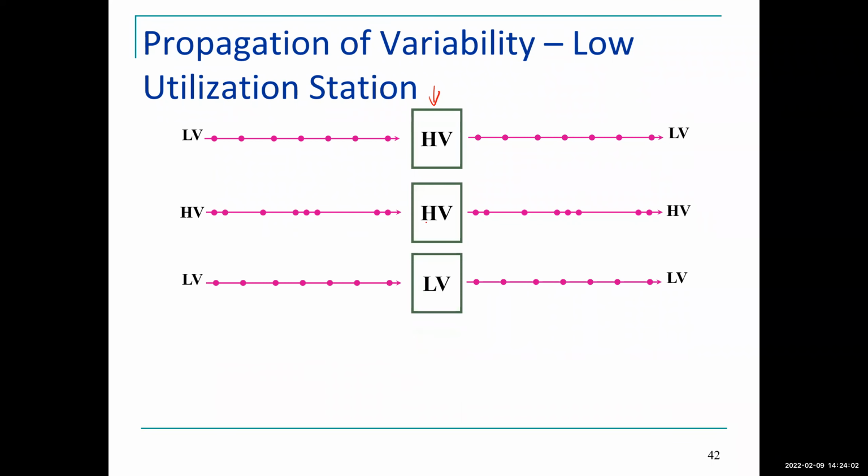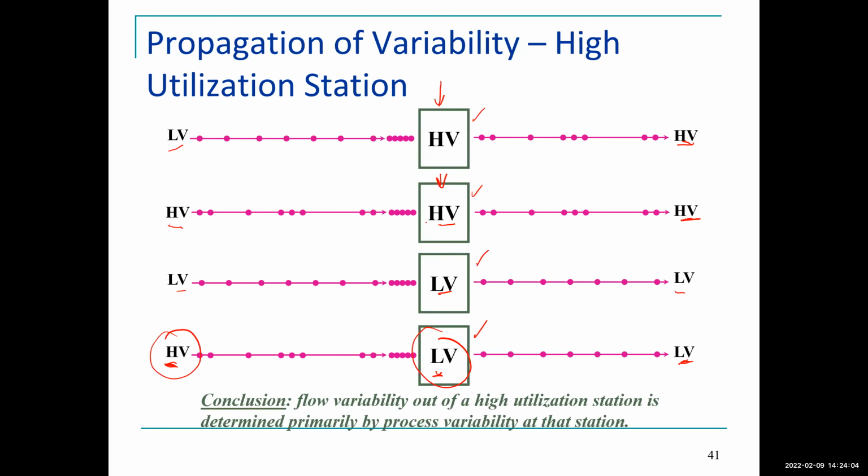In this case, since you have a high utilization station, meaning that the machine is busy most of the time, it doesn't matter if these parts are arriving with high variability, because at the end they're going to arrive to this queue, and they're going to have to wait.